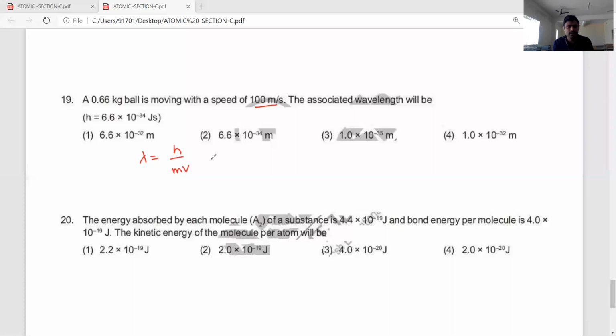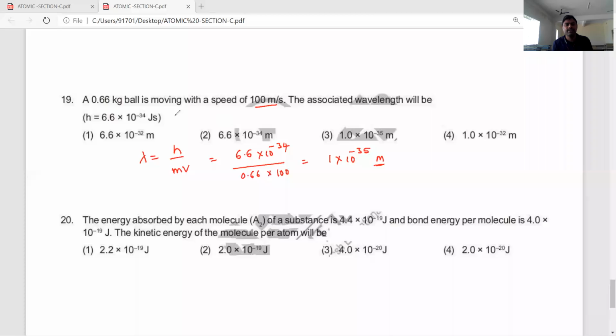Then you substitute h is equal to 6.6 into 10 to the power of minus 34, because here they gave 6.6 only, divided by mass, which they gave as 0.66 kg, and velocity is equal to 100. You simplify this, we will get approximately 1 into 10 to the power of minus 35 meters.